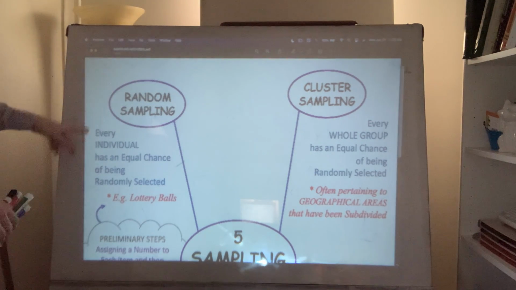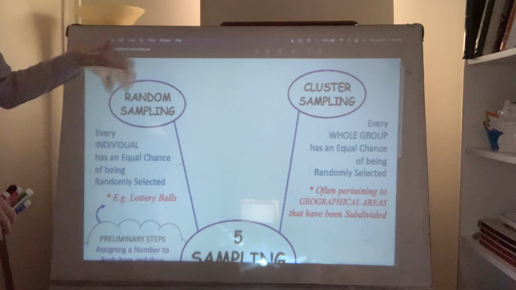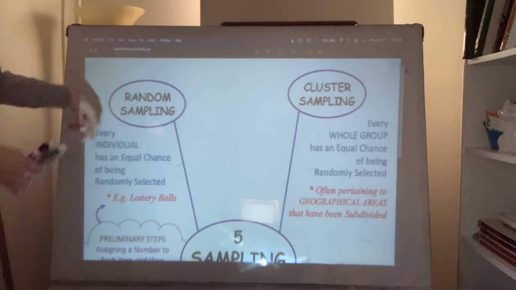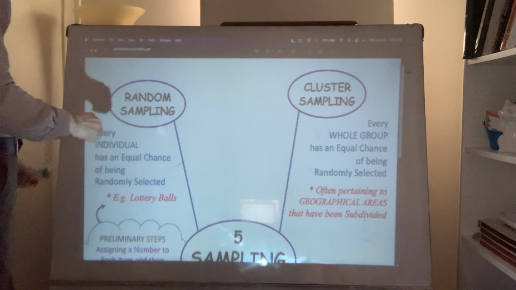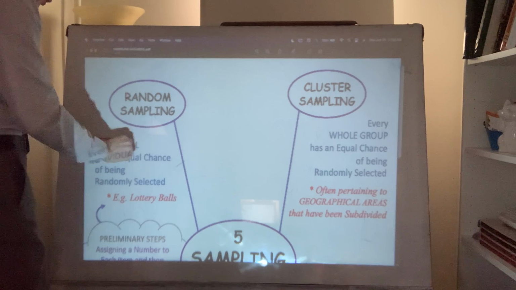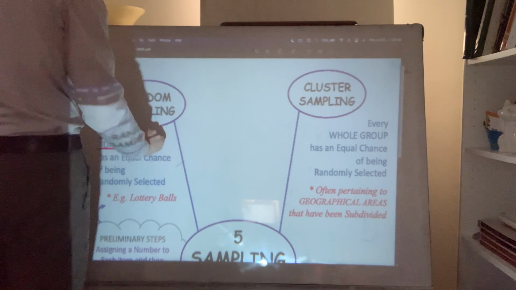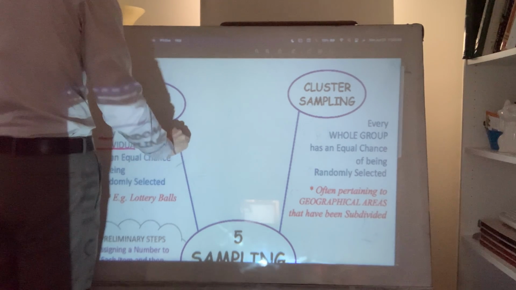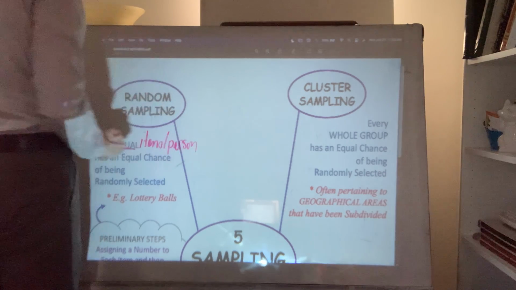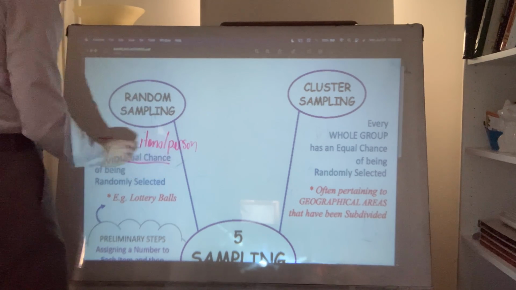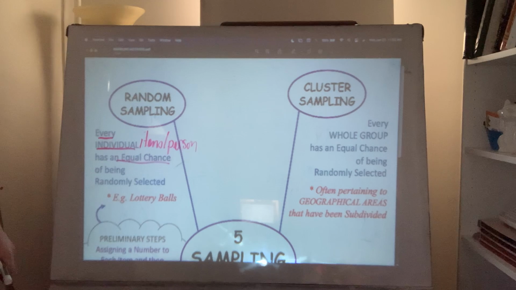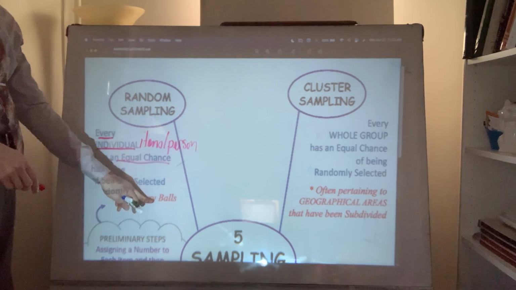Random sampling is something that occurs when every individual item or person or object has an equal chance of being randomly selected. Emphasize this. Every time that you do it. A fairly close example of this would be drawing lottery balls.